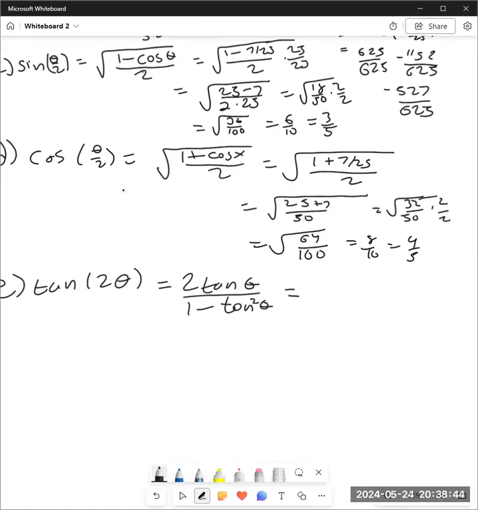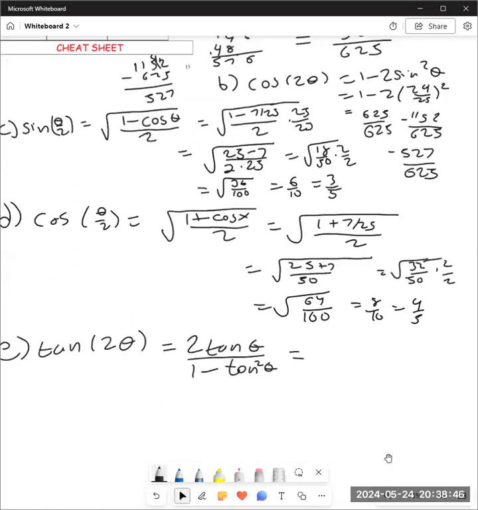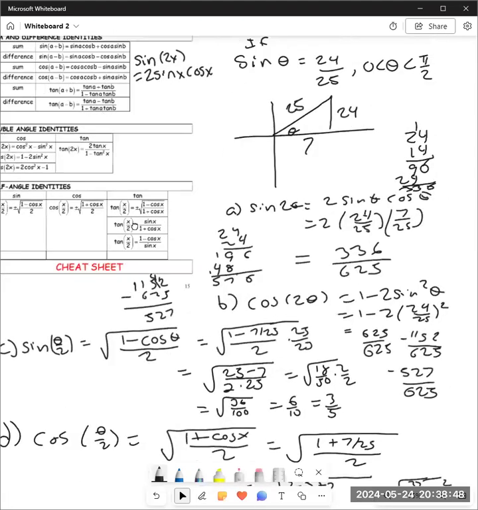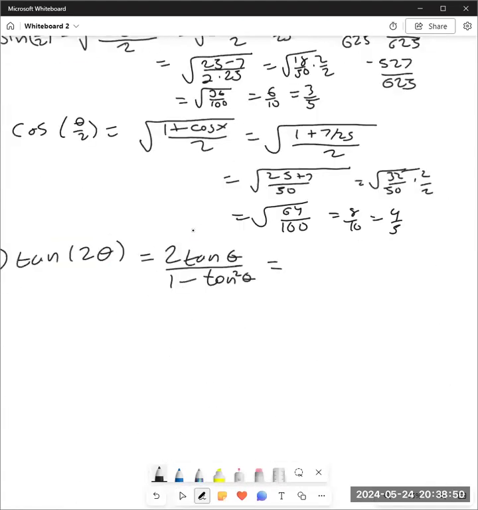Okay, so tan of theta is 24 over 7. 1 minus 24 over 7 squared. So that's going to be 48 over 7, divided by this.